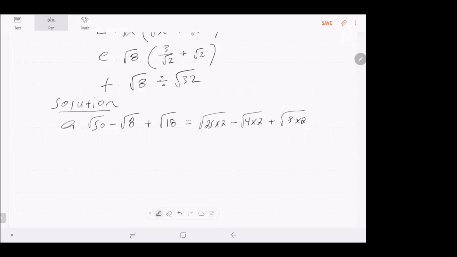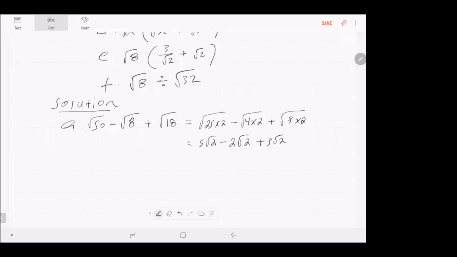When we extract 25 from the square root, it is 5. So the result will be 5 times the square root of 2, minus 4 will be 2 when extracted from the square root, so 2 times the square root of 2, plus 9 will be 3 times the square root of 2.